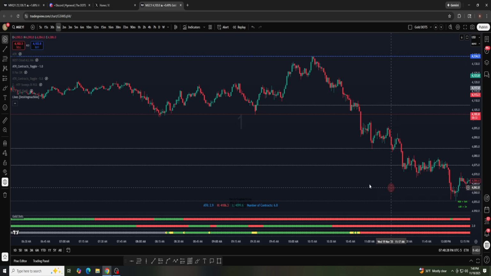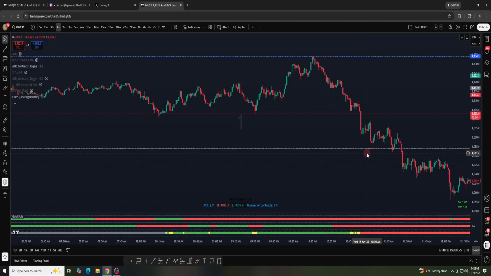But the dots are not a holy grail, but if you're struggling with knowing where and when to trade, the dots can certainly be helpful with bias for sure, as it's a momentum based indicator. Yeah. So hope that helps.